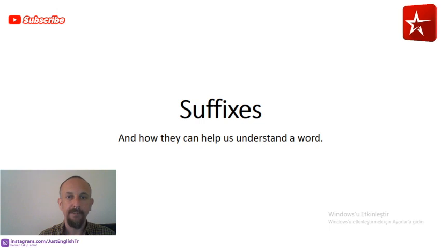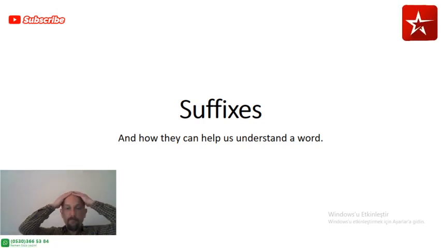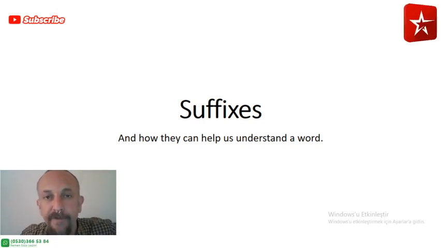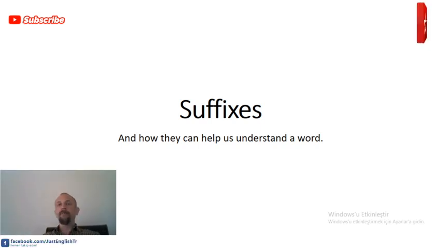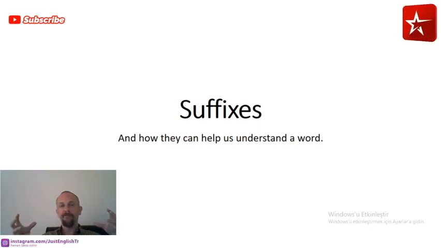Slideshow from the beginning. Suffixes can be very, very confusing. When we look at word parts as a whole, we need to remember that language does change. Sometimes knowing a root isn't always going to help you understand the meaning of that word.